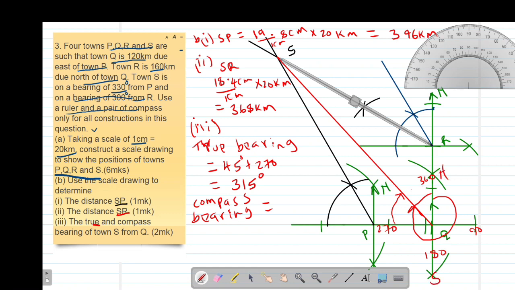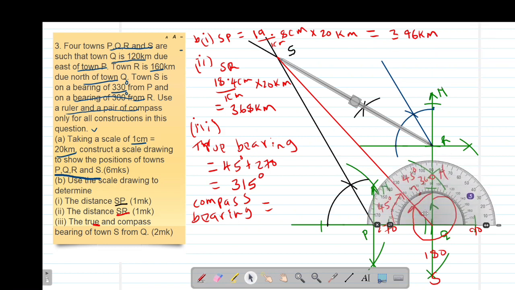It's the one that is in contact with the north-south. So of course, if the lower angle is 45 degrees, the upper angle will also be 45 degrees, because the two combined should give you 90 degrees.